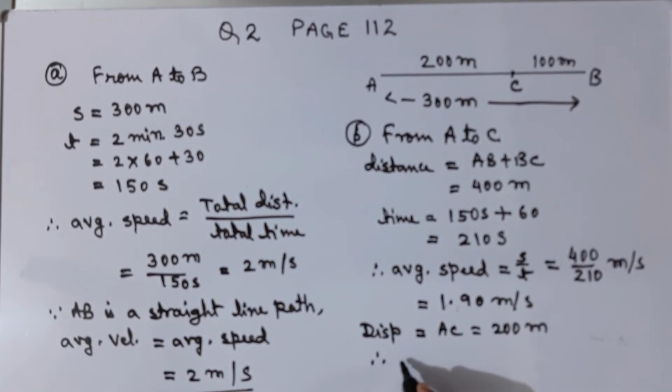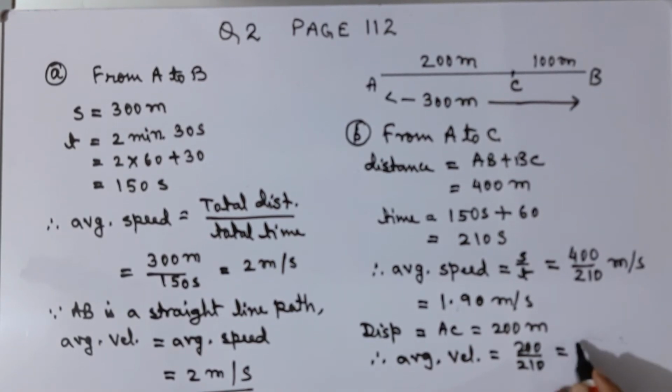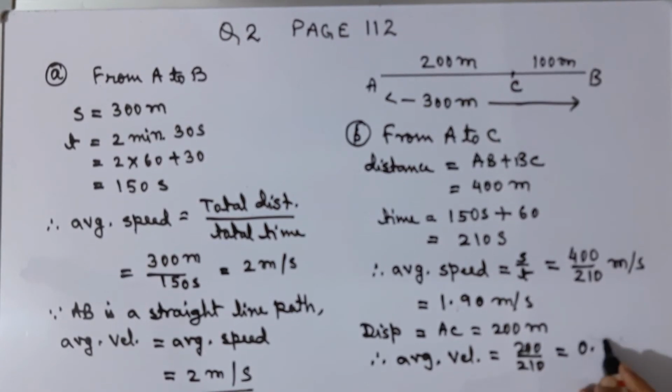Therefore, the average velocity is equal to 200 upon 210, and that will be 20 upon 21, that is 0.95 meter per second.